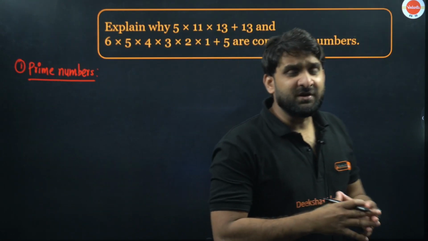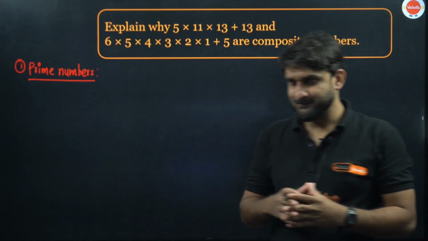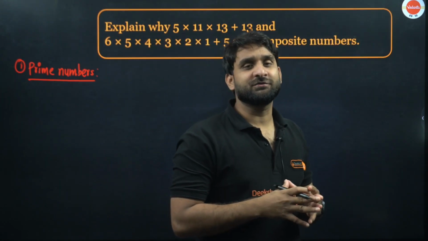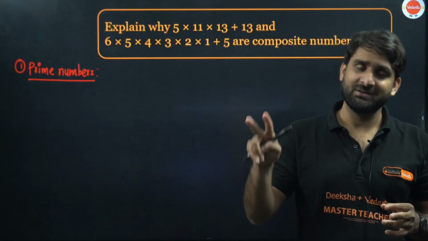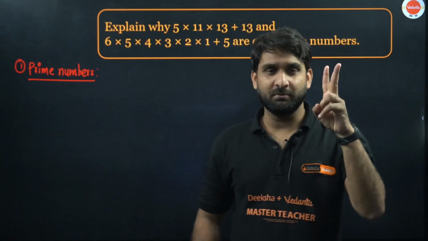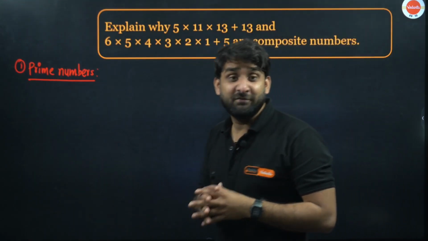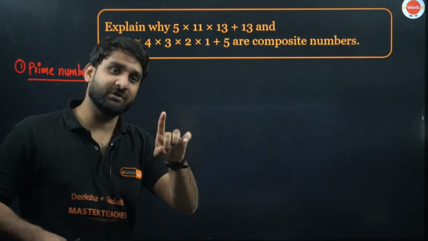Prime numbers are those numbers which are having only 2 factors. They can be divided by only 2 numbers, 1 and itself. The numbers which are having only 2 factors, 1 and itself.